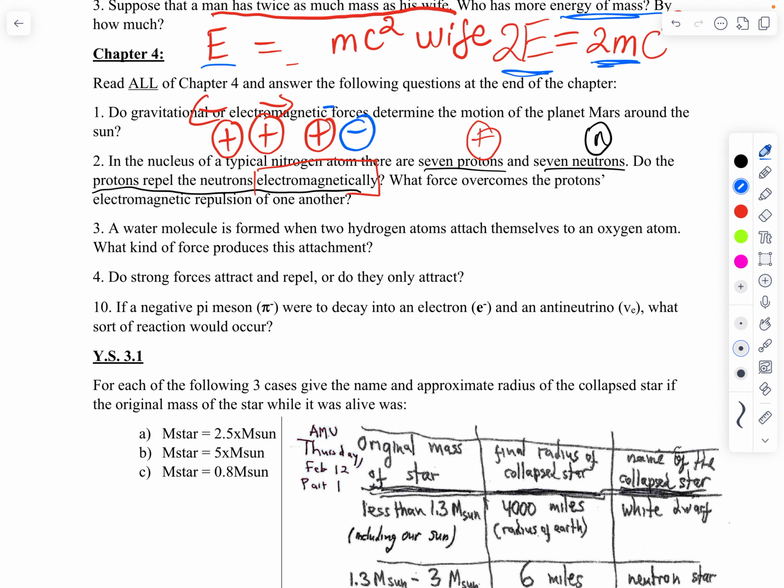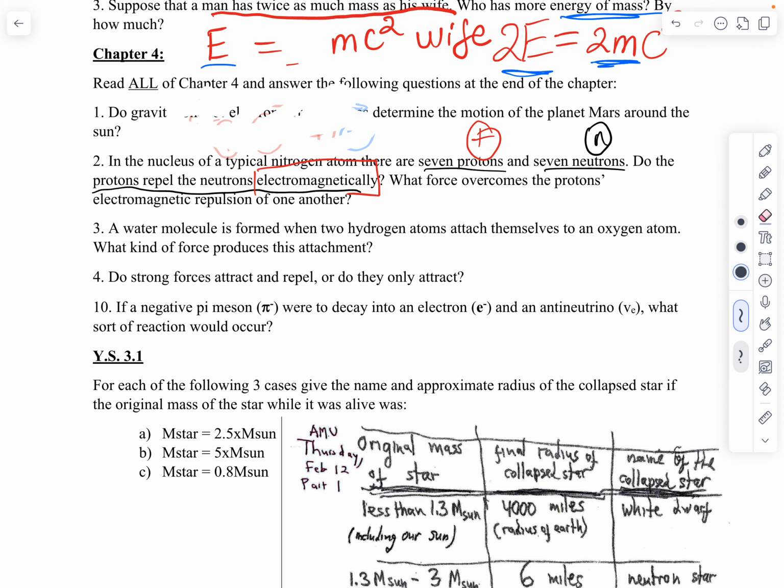So it's attracting this one over here. And then the red one is the proton attracting the electron to the proton. So opposites attract, like charges repel. All right.